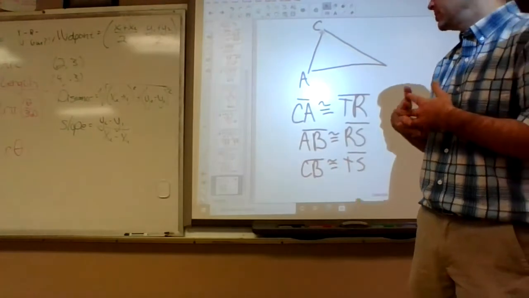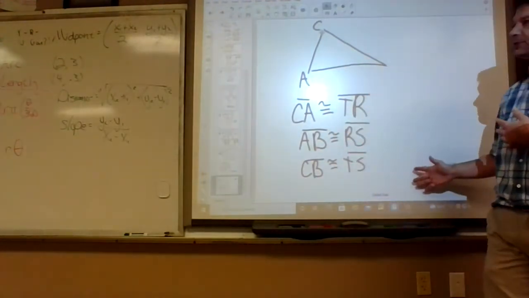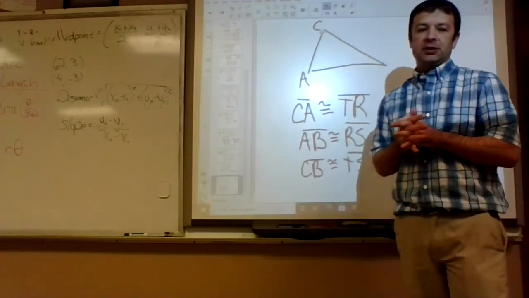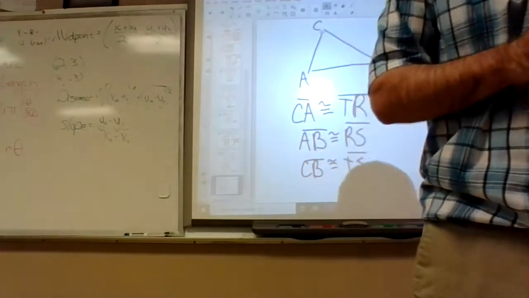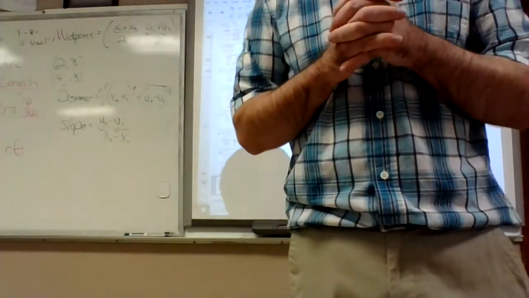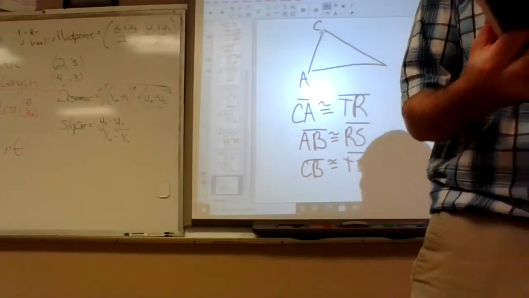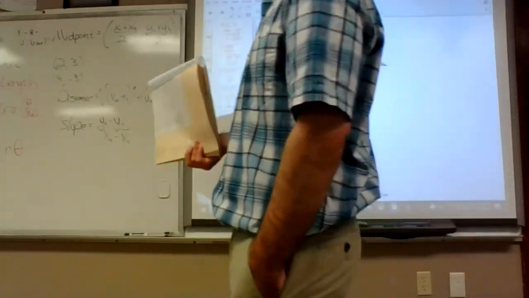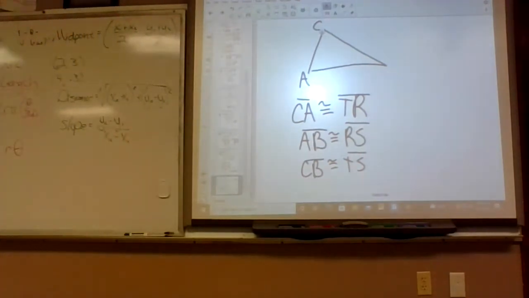All 6 pairs. 3 pairs of sides, 3 pairs of angles. So the answer is 6. We had to prove 6 things were congruent to show, because if the triangles are the same, all those parts are congruent. What about SSS? Okay, that's not definition of congruent triangles. Right. Side, side, side was a theorem. Yes, we only needed 3 parts for those theorems.